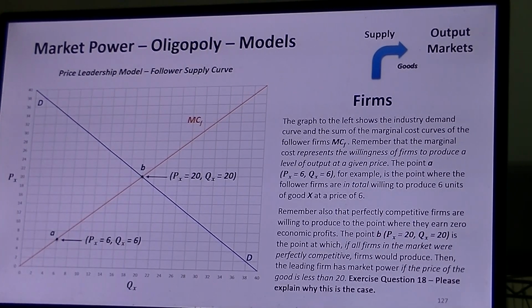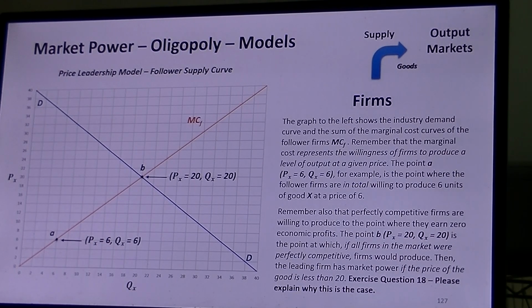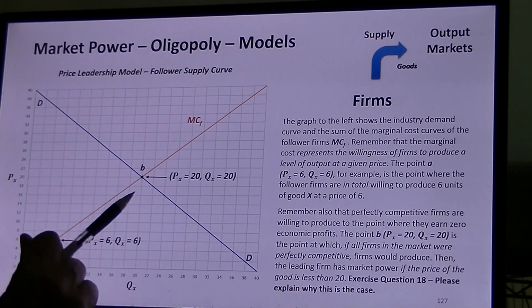So this is an important thing to remember. These are the very interesting outcomes produced in these kinds of models. They're outcomes that are very different from the perfectly competitive market, from models that are fairly simple and yet can tell us a lot about the way the real world works. Let's look at this again carefully.